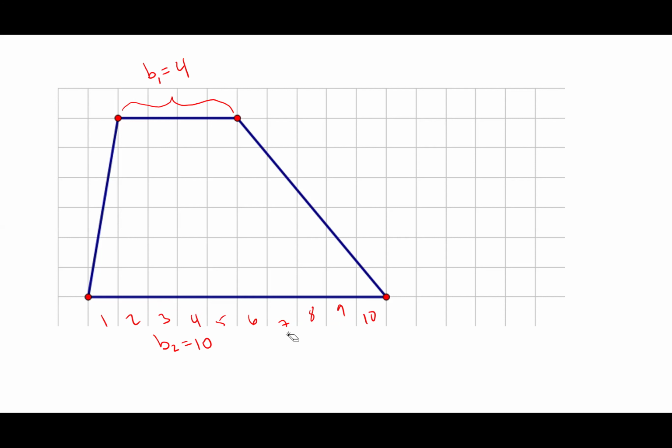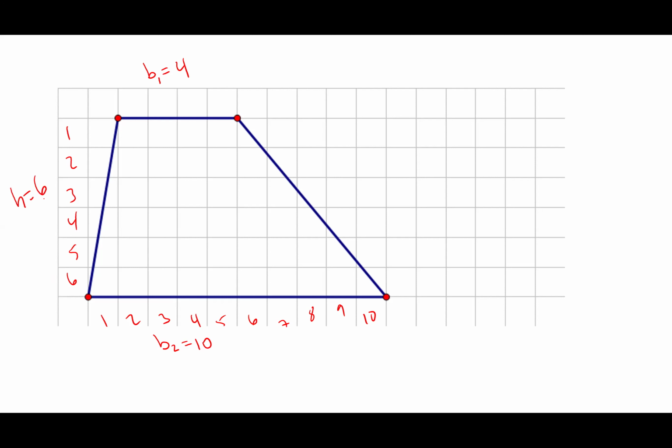So we can count the bases. And then we can count the height. It is 1, 2, 3, 4, 5, and 6. So here I'm going to say h for the height. The height is 6. All right.